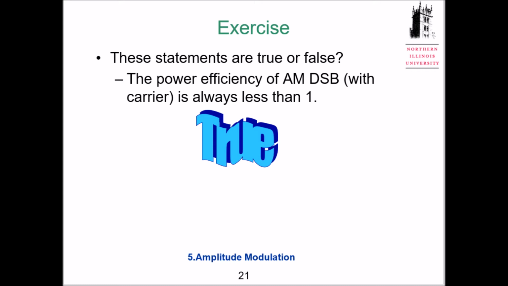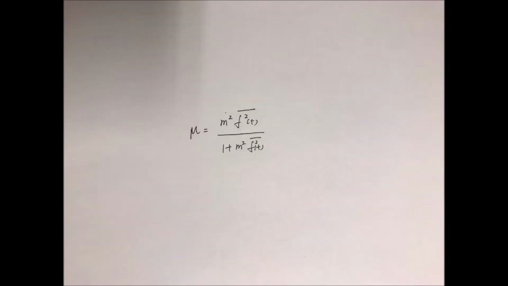Okay, number 1, true or false. The power efficiency for double sideband large carrier is always less than 1. Yeah, true. We mentioned efficiency, M squared.